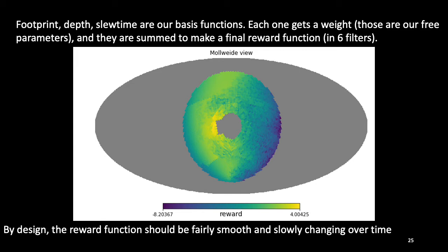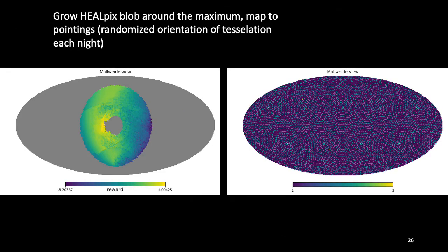And by design, we're using smooth functions for our basis functions, and so our final reward function should be fairly smooth. And so what we'll do, once we have this final reward function, we pass it to a decision function which grows the number of HEALPix pixels we want to observe around that maximum, and then maps the HEALPix pixels to the pointings. And again, here's that sky tessellation map, which we randomize each night.